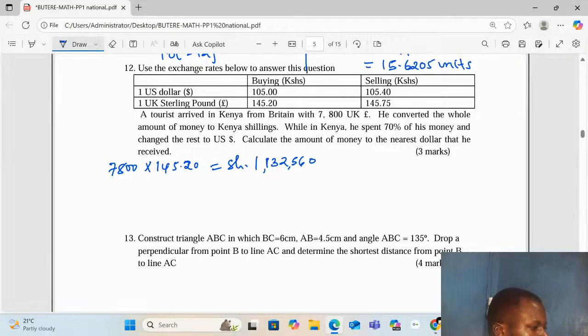Then the balance is 30% of the total amount, because they're saying he spent 70%.